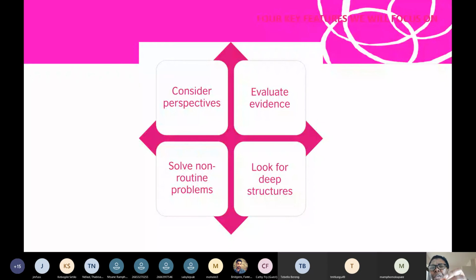We need them to be able to evaluate evidence. One of you in the previous activity said that you use digital literacy for research, so that they get as much information as possible. And when they have received the information, they start evaluating.